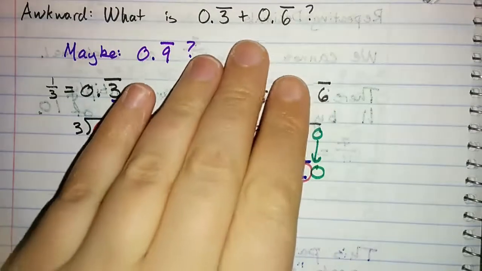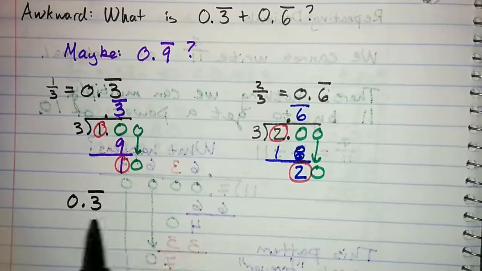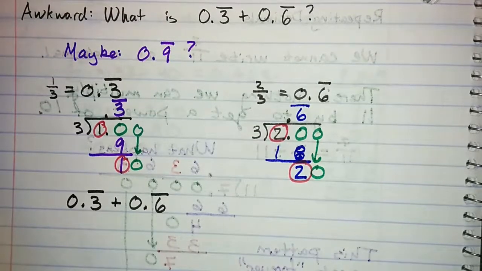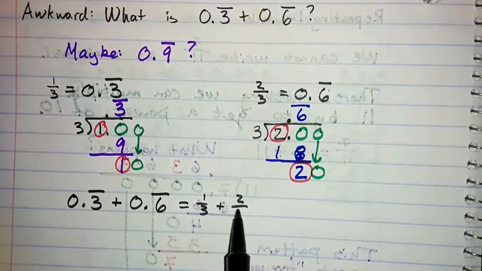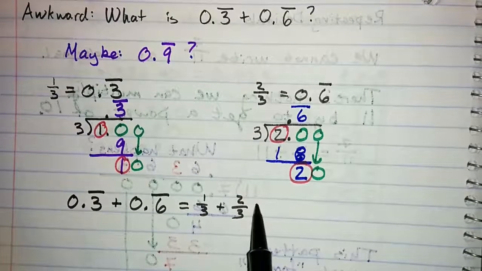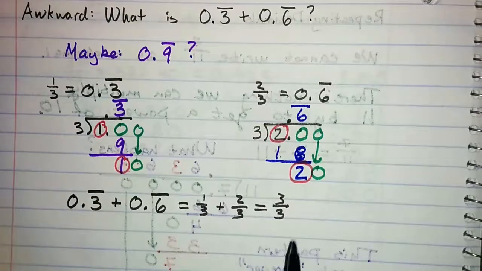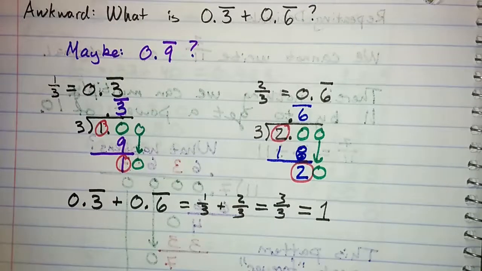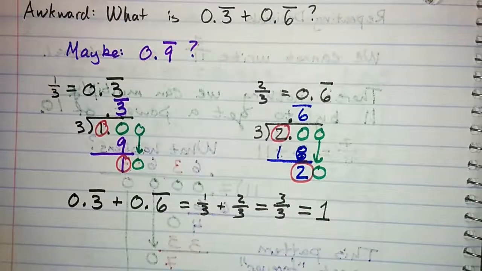All right, how is that relevant to our original question? 0.3 repeating plus 0.6 repeating. That's 1/3 plus 2/3. 1/3 plus 2/3, that's 3/3, which is 1 whole. 0.3 repeating plus 0.6 repeating, in fact, is 1.